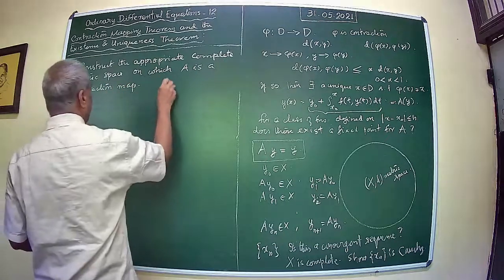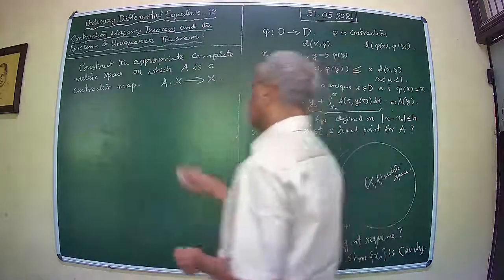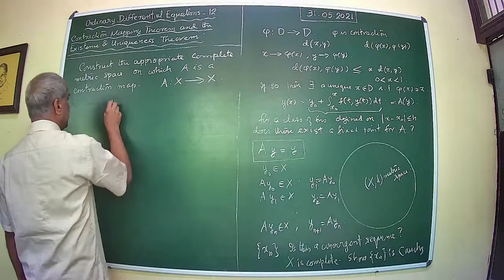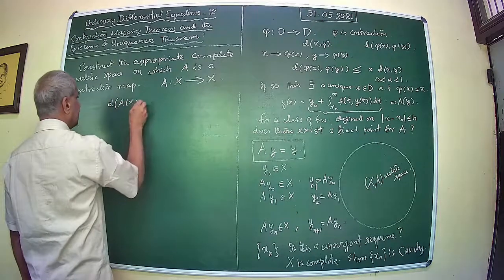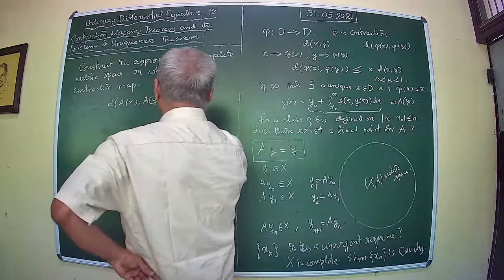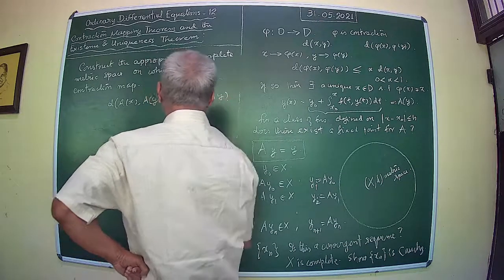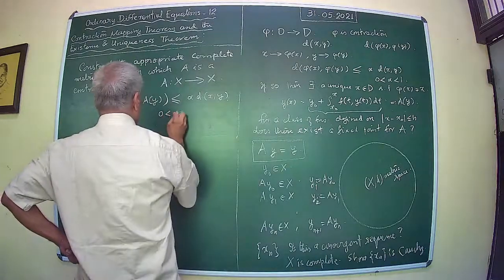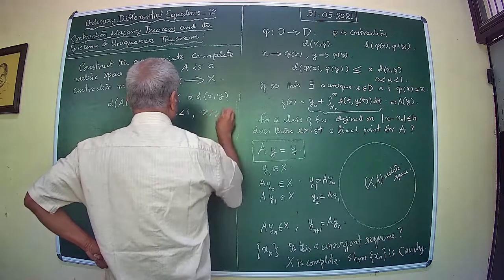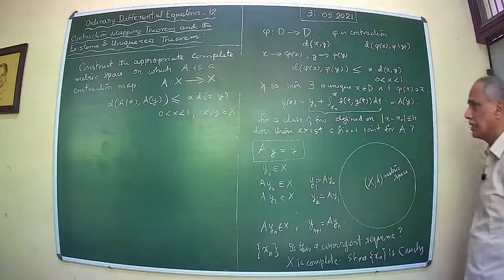So A is a map from X to X, which is a contraction. The contraction is in the sense that the distance of Ax and Ay, if you take two points x and y in this space, is less than or equal to alpha times d(x, y) for every x and y belonging to X. Then it's a contraction.